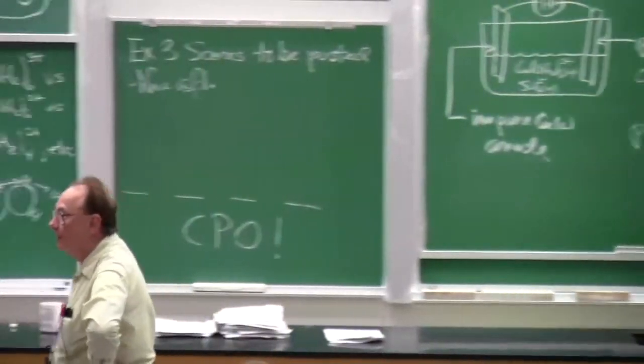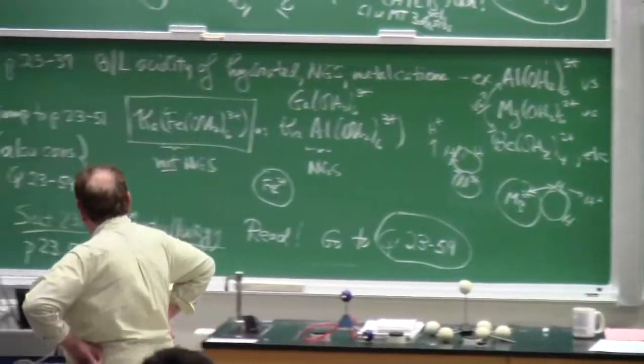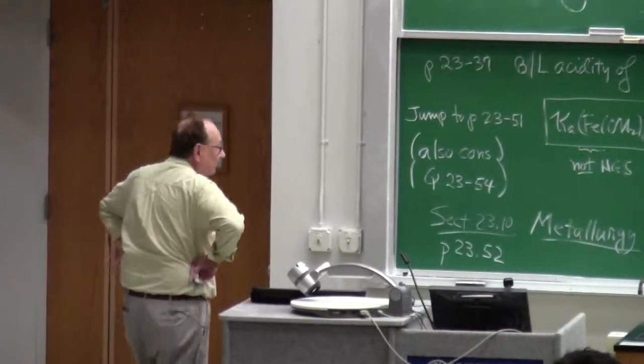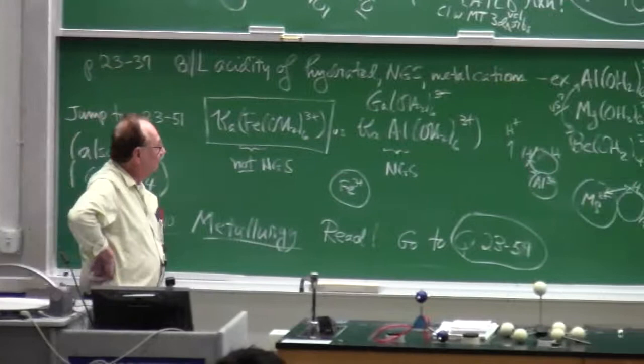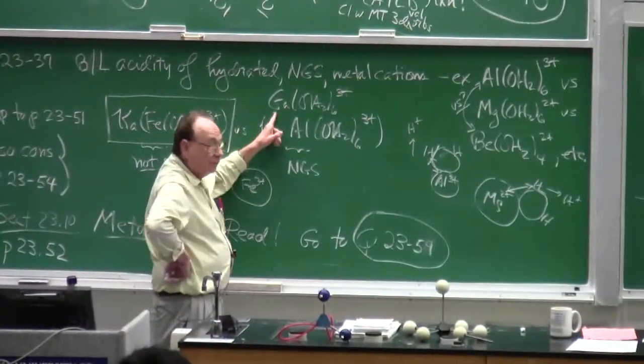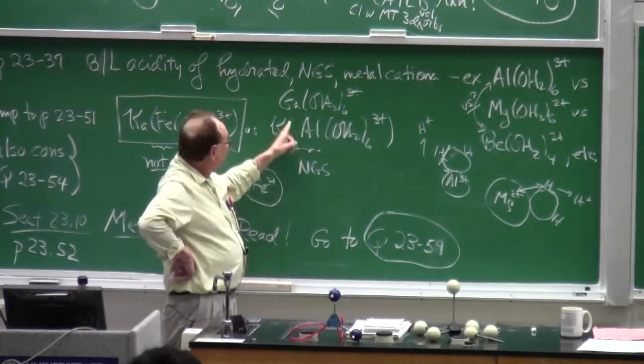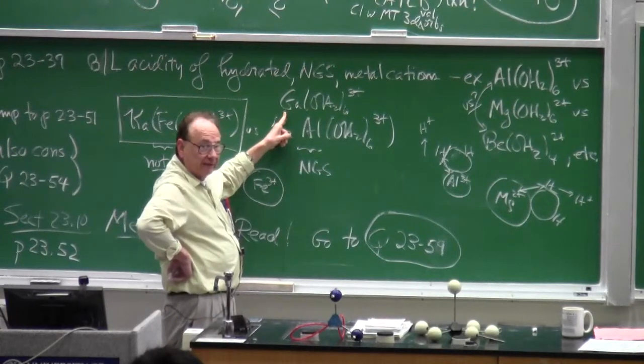So if the story I just cooked up to argue why hydrated iron plus 3 is a much stronger acid than hydrated aluminum plus 3 holds, and we know that gallium plus 3 is a lot bigger than aluminum plus 3, but this is not a noble gas structure ion.